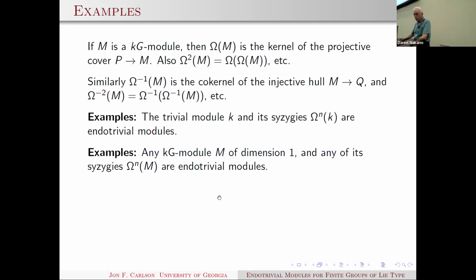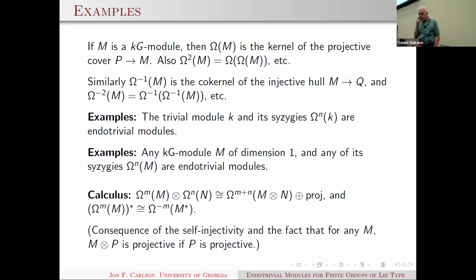And same thing, you take any one-dimensional module, any module of dimension 1, and any of its syzygies, any of these translates under this omega operator, then this is an endotrivial module. And the reason for this is this sort of calculus that you can prove pretty easily. That is, if I take omega^m of M tensor omega^n of N, then it's omega^(m+n), you just add the exponents, basically.